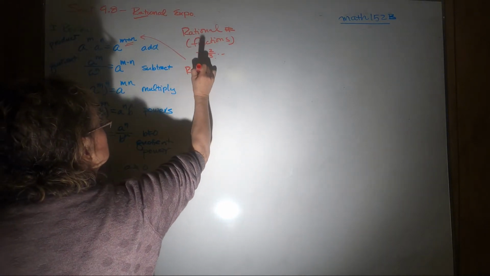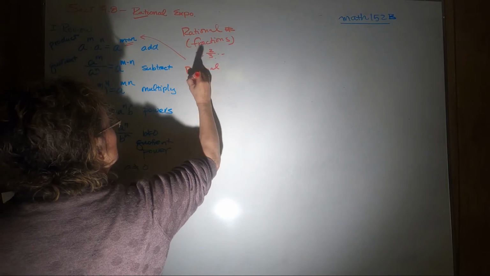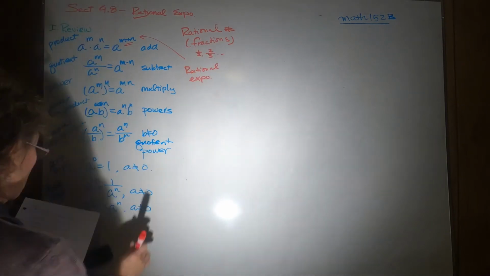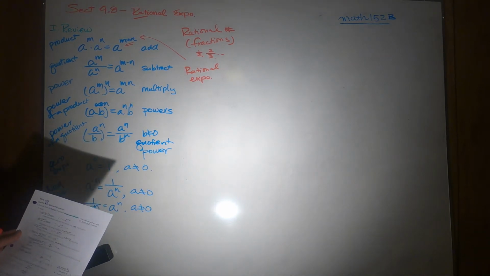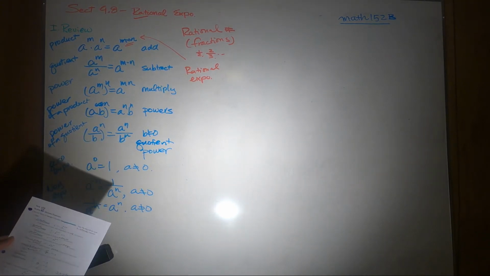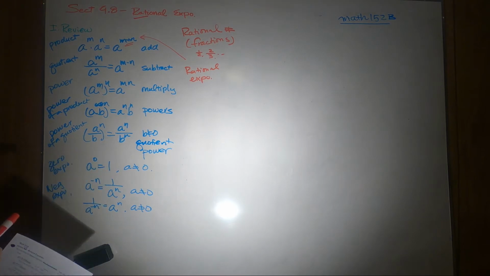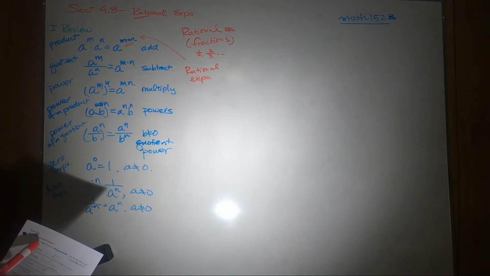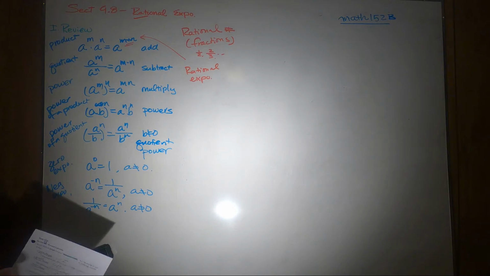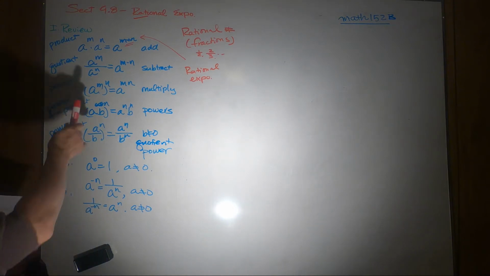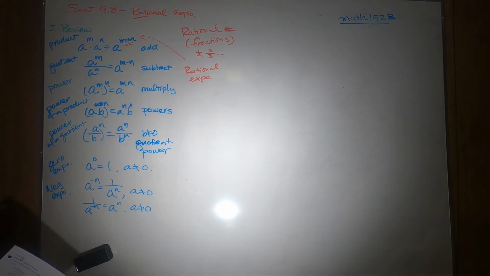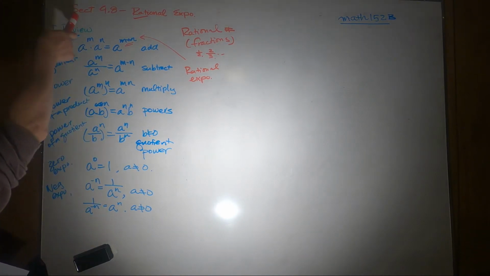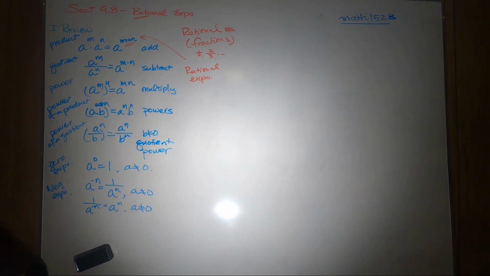Okay, so for rational exponents, on your right-hand side on the top, we are on page 47, section 9.8, rational exponents. If the power is a rational number, a fraction, we can still use all the properties.